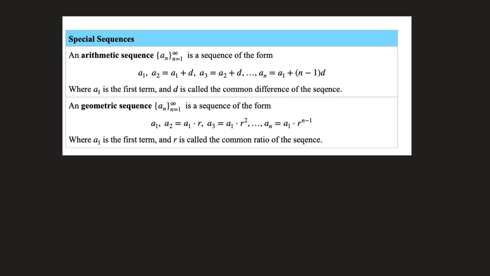There are two special sequences. One is the arithmetic sequence, and the second is the geometric sequence. Let's explain the arithmetic sequence first.